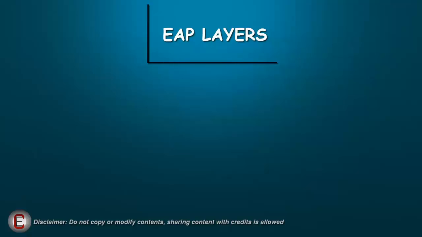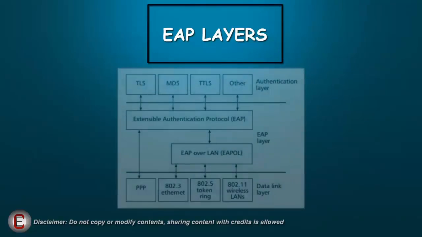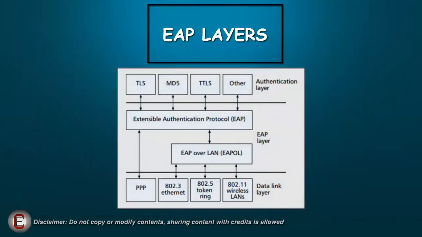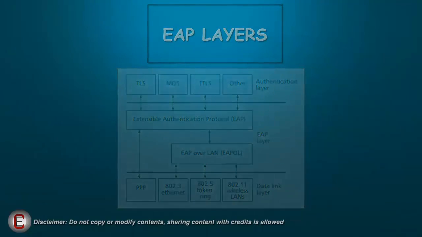The EAP layer's representation will give you an idea where EAP is used and how the authentication protocols are incorporated into this process. PPP, Ethernet, wireless LAN, and token ring networks are all capable of using EAP. This can be used to grant network access to the end user.